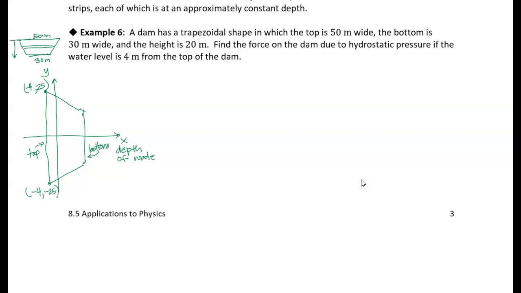All right, and then this point here: if the dam is 20 meters high, but the water is 4 meters from the top, then this point here is going to be an x value of 16. And then the distance across the bottom of the dam is 30 meters, so this is going to be 15 meters up.